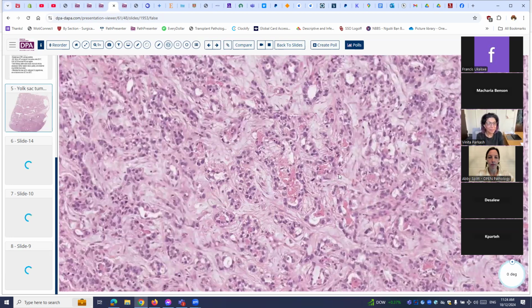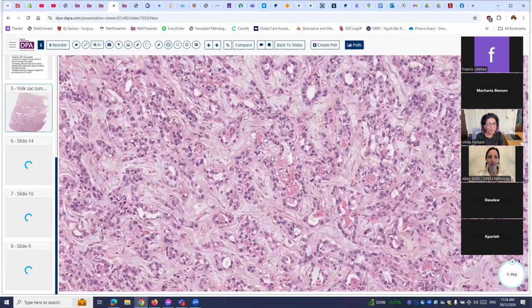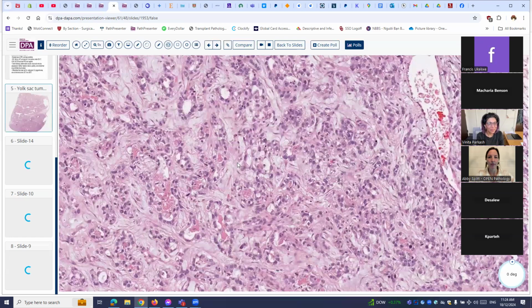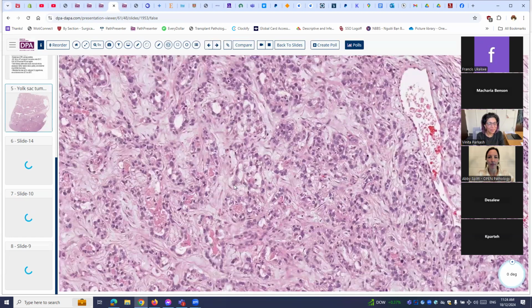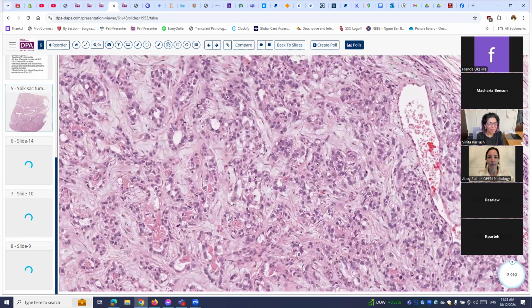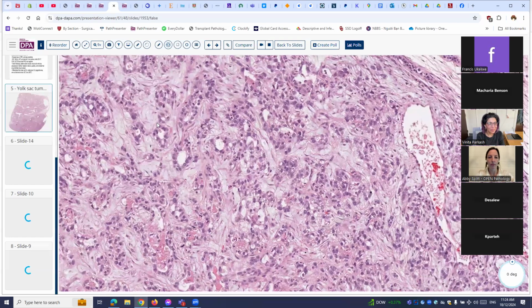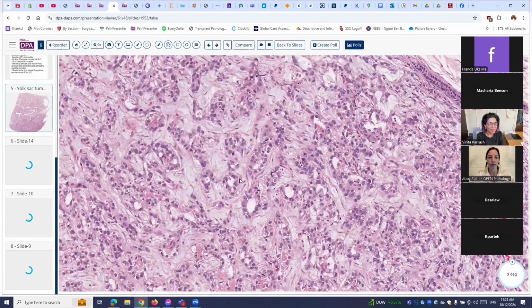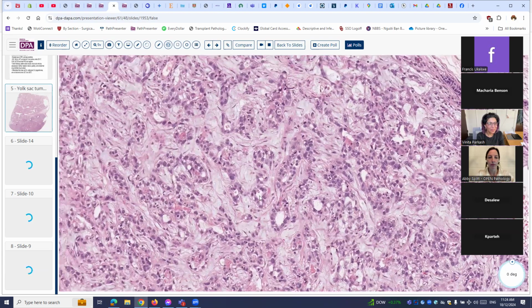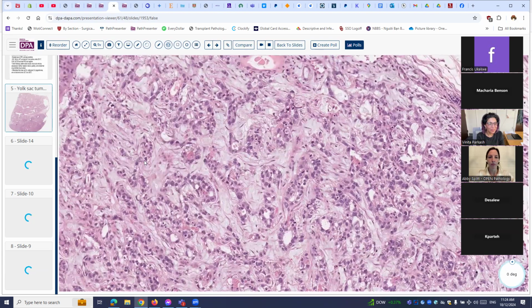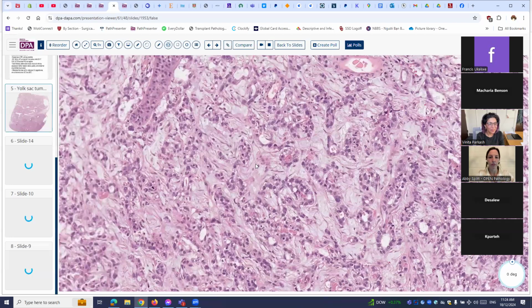What would be the most useful thing to help you distinguish those? The immunohistochemistry or the morphology? Or even just clinical findings. She's a younger patient. That's a helpful factor, right? Yeah, age, of course.